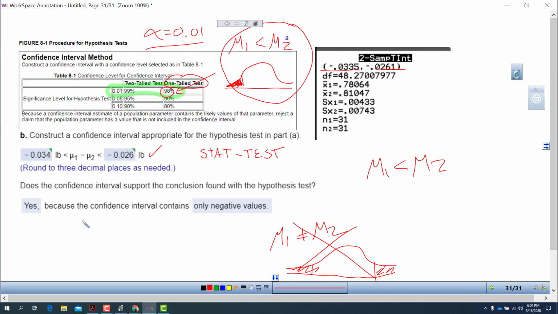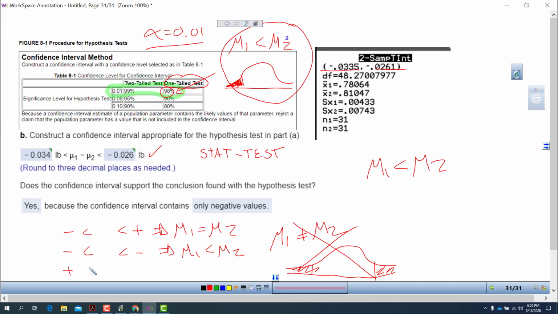Let me just mention this again. If the interval contains 0, meaning you have a negative and a positive number, that supports the idea that mu1 is equal to mu2. If the interval contains negative values, that supports the idea that mu1 is less than mu2.